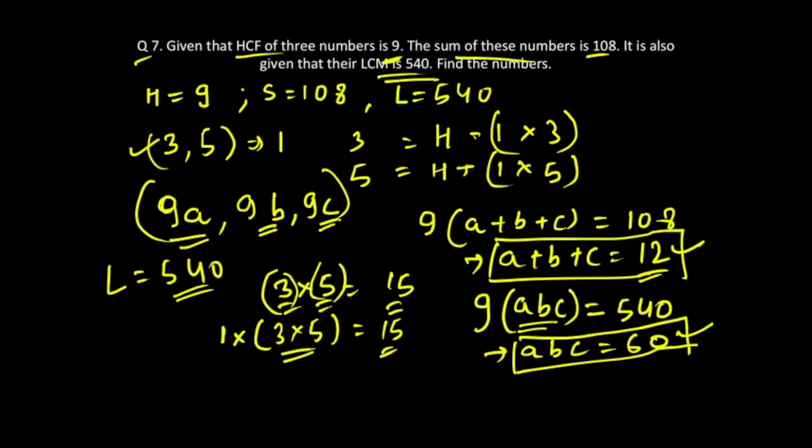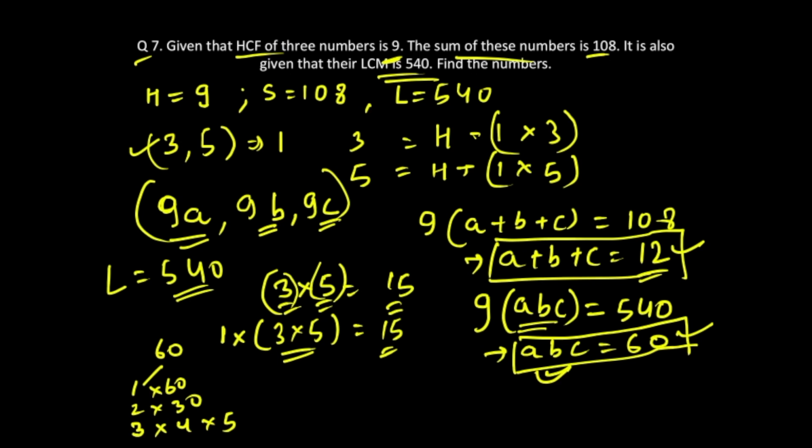Now you can either use the trial and error method to find the values of A, B, C, or we can use this particular expression that ABC is 60. So you write 60 in its factor form. You can write it as 1 into 60, or 2 into 30, or 3 into 20, or 4 into 5, and so on.